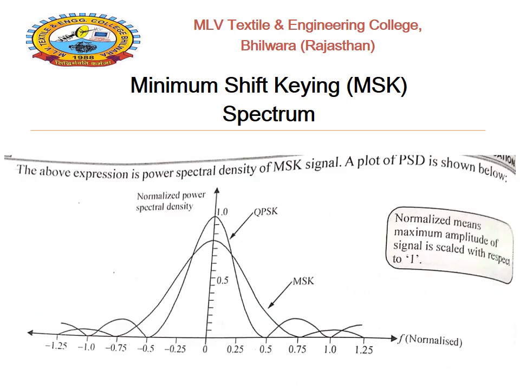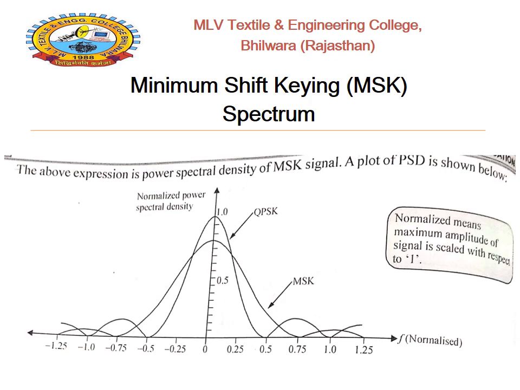Next is the graphical representation of the spectrum of minimum shift keying. The expression is the power spectral density of the MSK signal, where we compare the two power spectral density waveforms for MSK and QPSK.